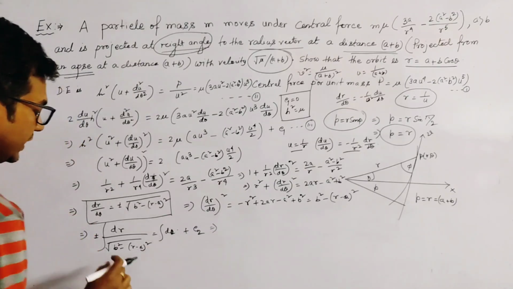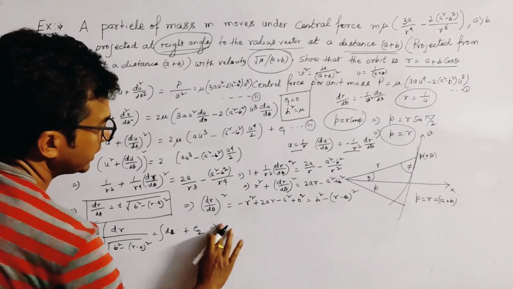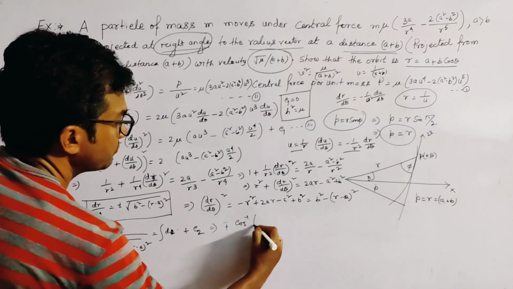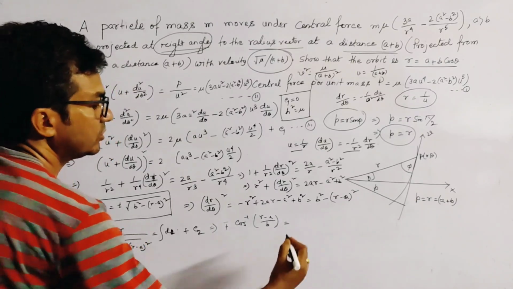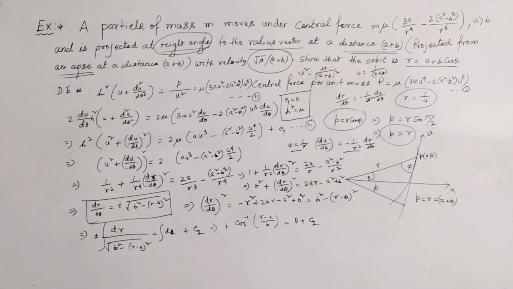Now integrating this side we get plus minus or minus plus cos inverse r minus a by b equal to theta plus C2. Okay, now this is the final result.